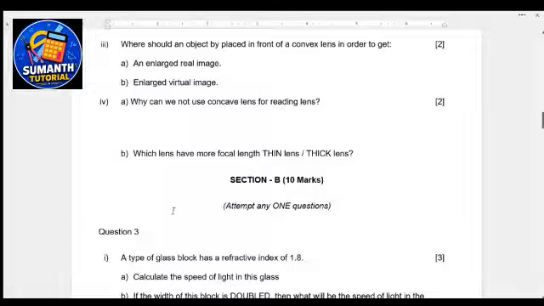One more question. Where should an object be placed in front of a convex lens in order to get an enlarged real image? So this is in between F1 and 2F1. Remember this one. You place the object between F1 and 2F1 to get an enlarged image.